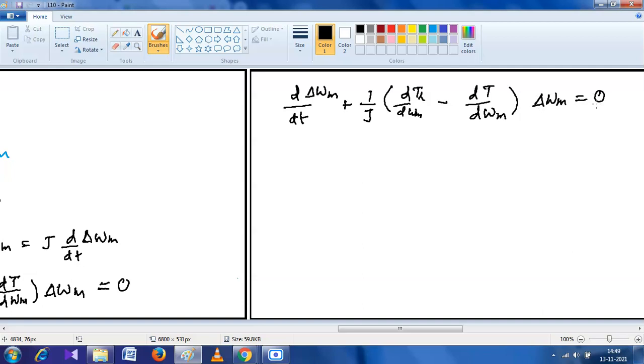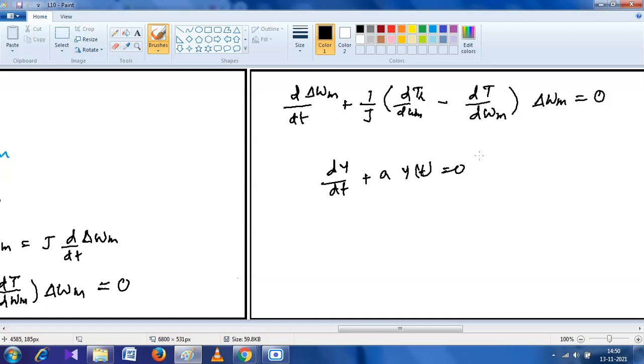This is like a first order equation, say dy/dt plus a y, where y is a function of t, is equal to 0. This is like a first order equation.